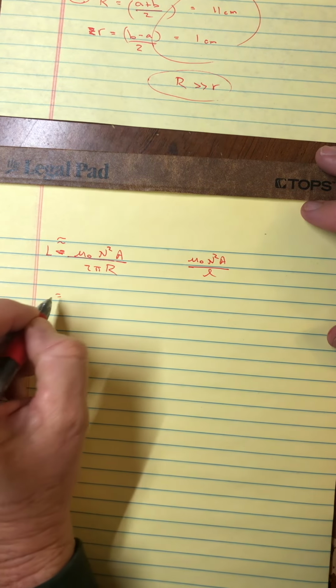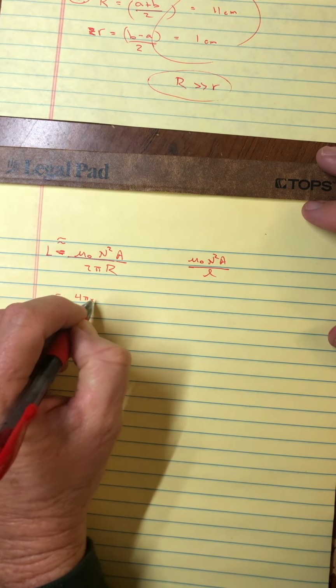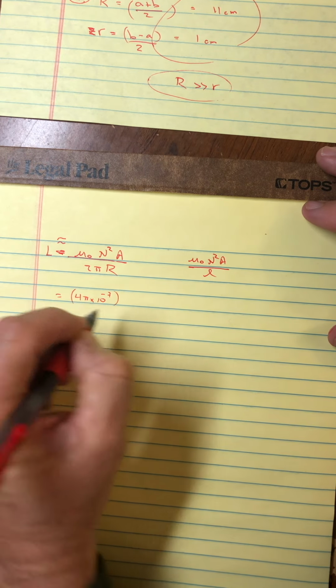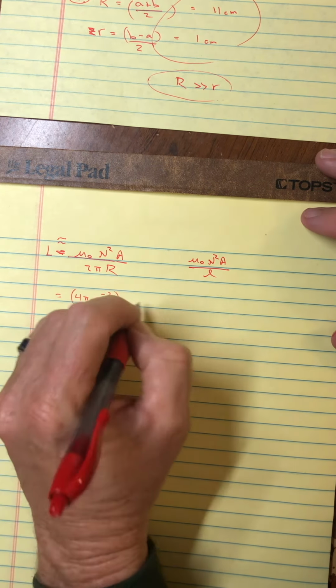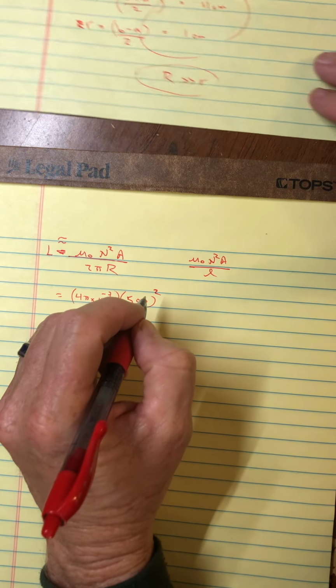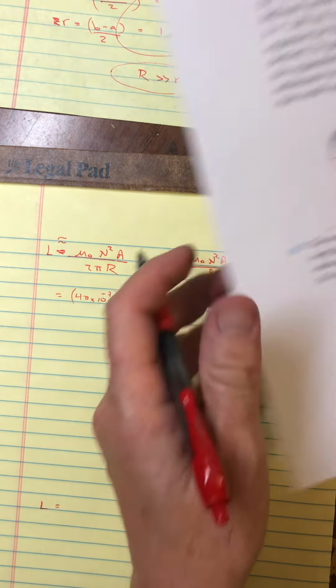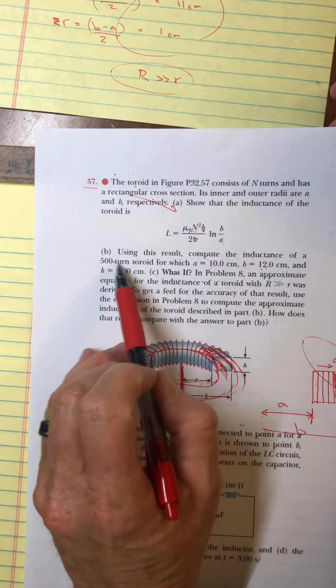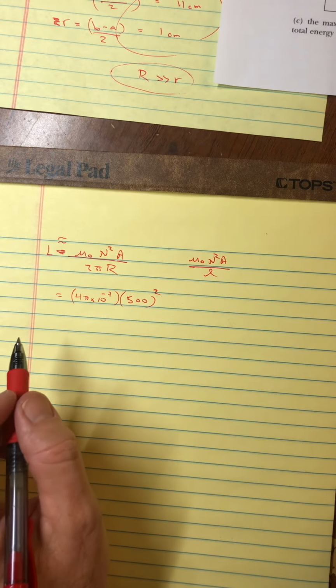All right, but let's do these numbers. So this would be 4 pi times 10 to the minus 7, and we would have our 500 turns squared here for this problem. I believe that's the number we're in. Yeah, 500 turns.